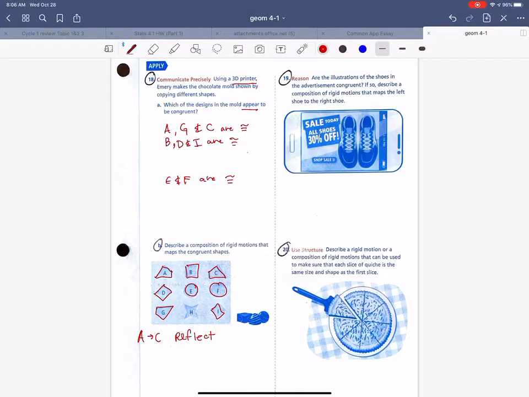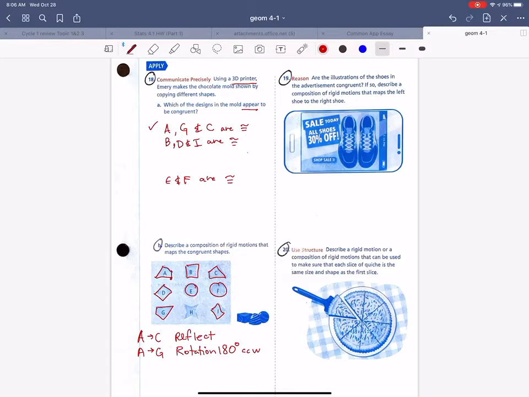To get from A to G, it looks like you could rotate it, spin this around so that you're upside down now. So it's totally upside down. So that's probably a rotation of 180 degrees. And again, that would be the same whether you go clockwise or counterclockwise.